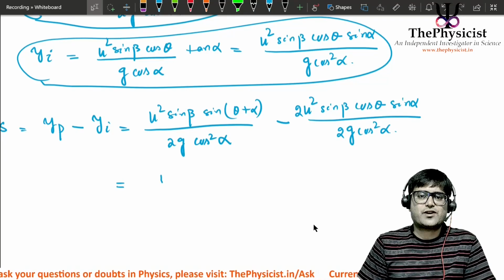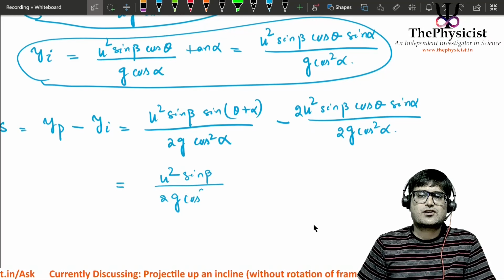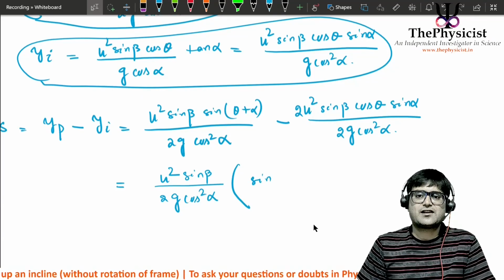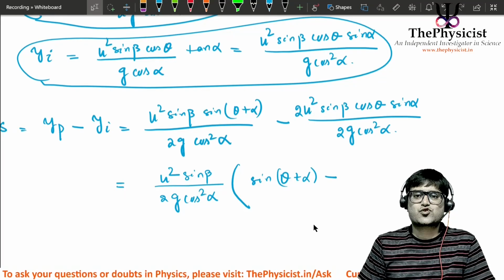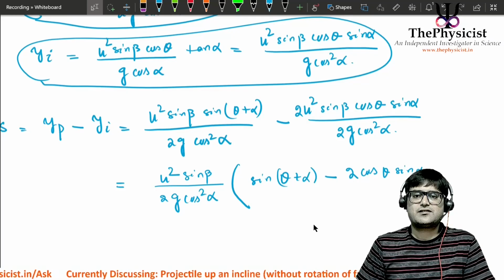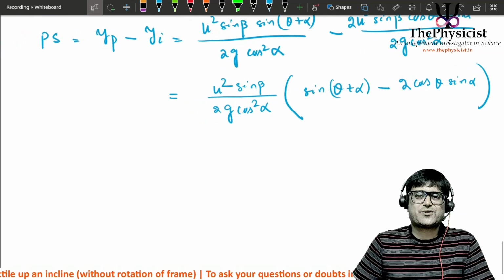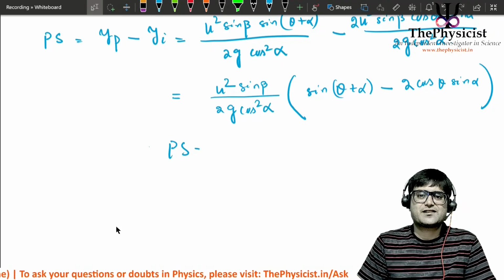So I will have u squared sine beta divided by 2g cos squared alpha taken as common. Inside the bracket, I will have sine theta plus alpha minus, I've taken u squared sine beta as common, that means I'm left with 2 cos theta sine alpha.